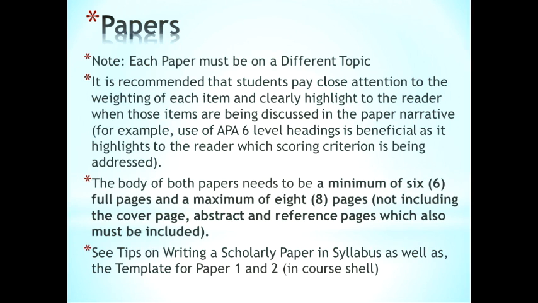Now you will have 2 papers. You have a legislative process review, and then you have a policy paper where you're going to talk about advocating for a particular policy. Each paper has to be on a different topic.